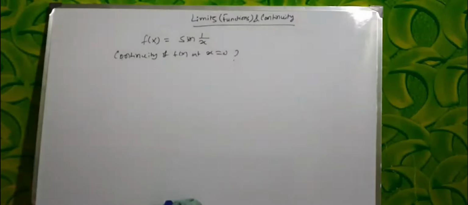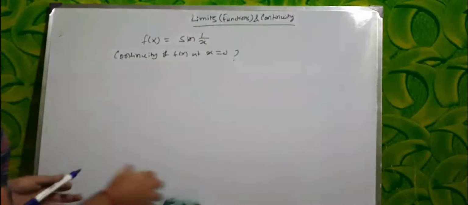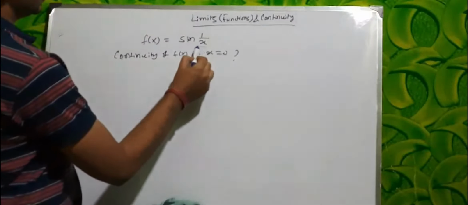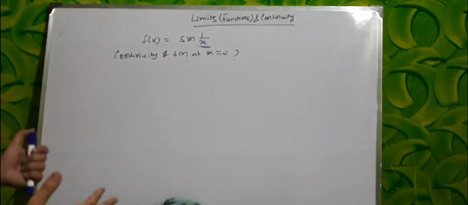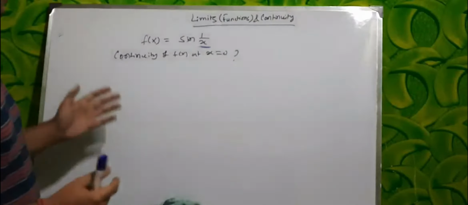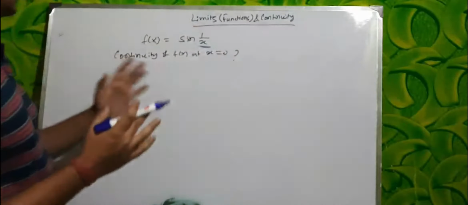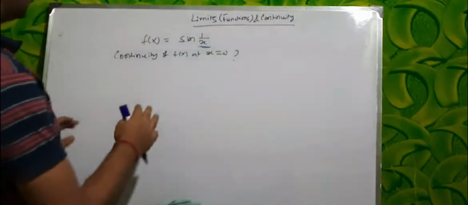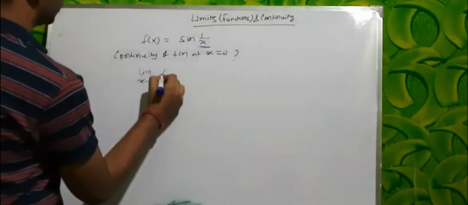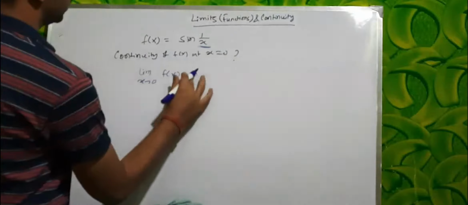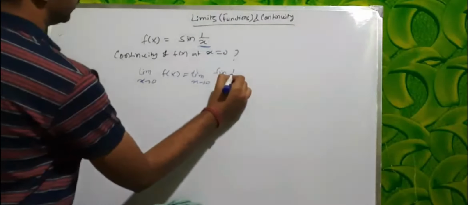So how would we try it? You can see that we can't put x equals 0, and then it becomes sine of something infinite, and that has no sense. Actually putting x equals 0 has no sense in itself. So we have to find the limiting value. So we are rather interested in limit x tends to 0 of sine of 1 by x.